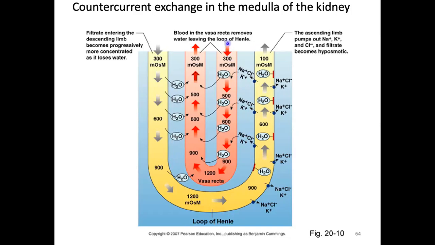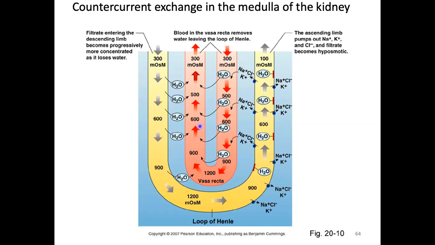Notice the vasa recta flows in the opposite direction as the urine does. So you're kicking sodium in, sodium, sodium, sodium, making it more and more concentrated, so that when the blood turns around and gets to this side, you're going to have a really strong concentration gradient to pull in water.